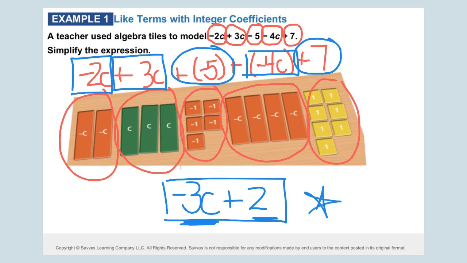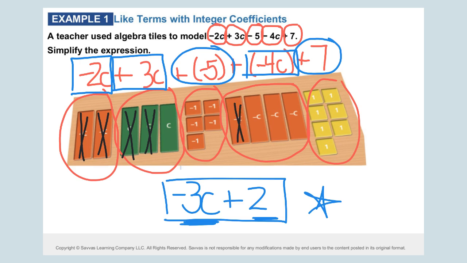That's your answer. Now, the nice thing about algebra tiles is you can use something called a zero pair, and that goes back to the additive inverse property. And it just means that if I happen to have one negative c and one positive c, those are going to cancel out.